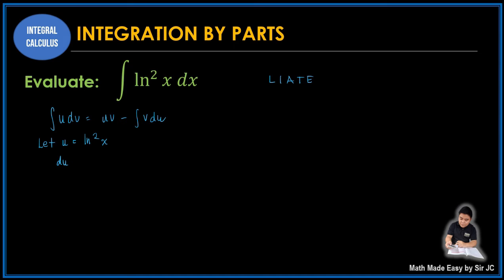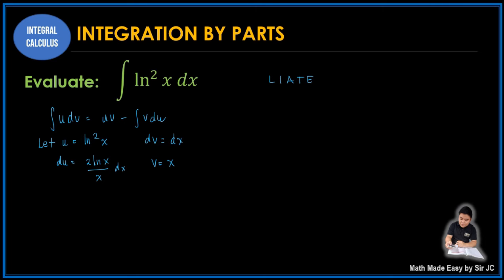Let u equal ln squared x. Then what is the derivative of this? We bring down 2, then ln x, then the derivative of ln x is 1 over x, so du is 2 ln x over x dx. Then dv is equal to dx, or 1 dx, and v, the integral of dx, is x.